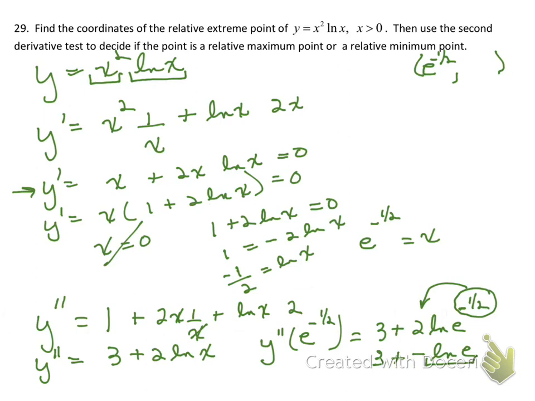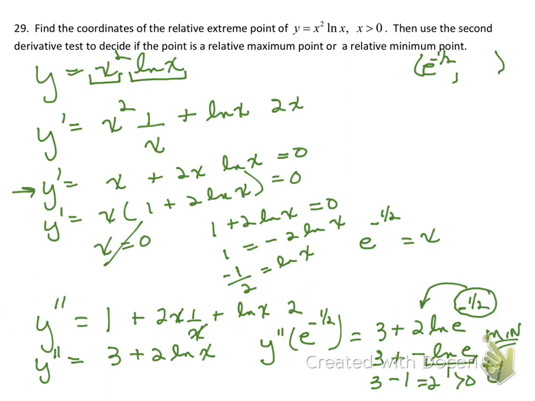Okay, natural log of e is just 1, so that's 3 minus 1, which is 2, which is greater than 0, which tells me I have a min. Alright, so I know it's a min.